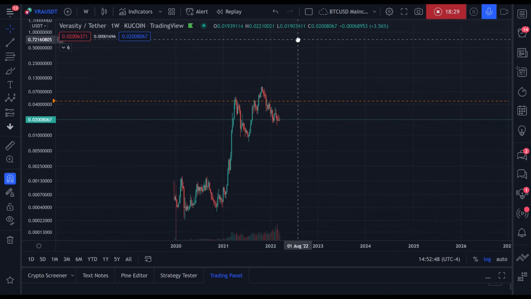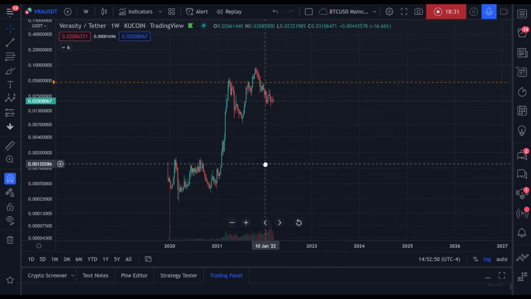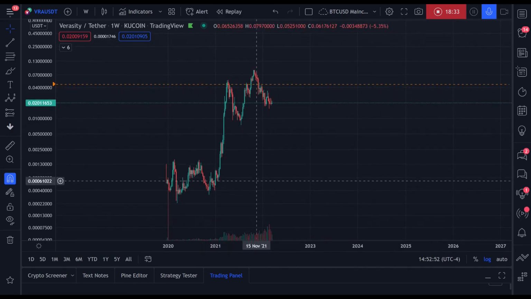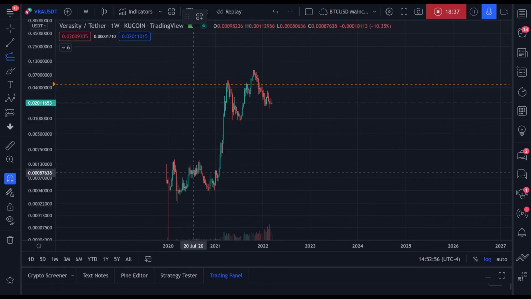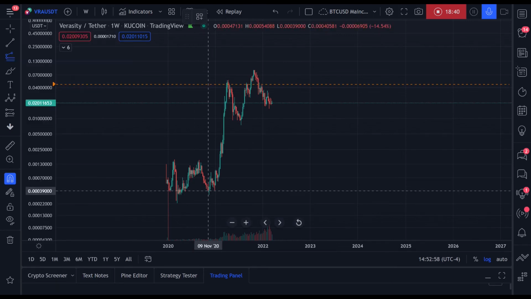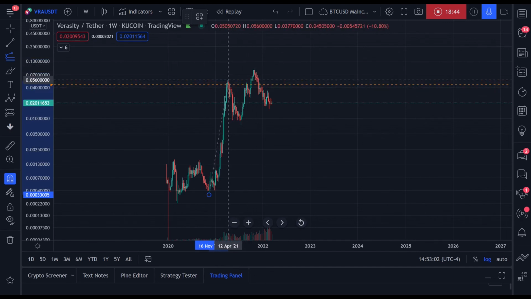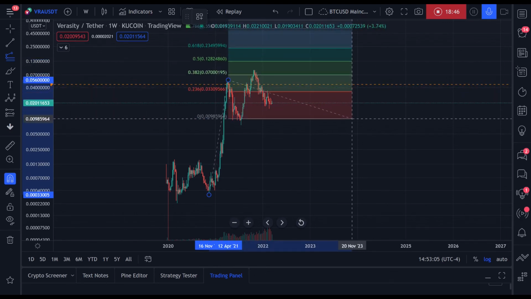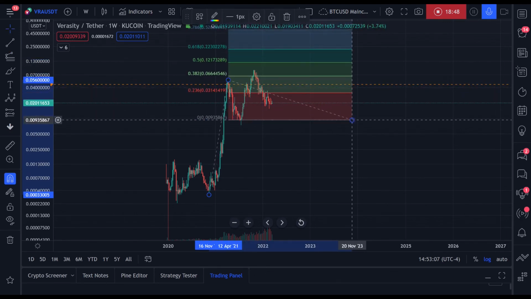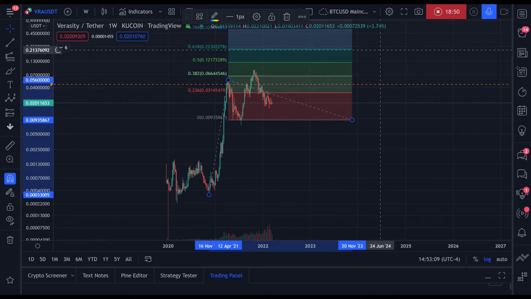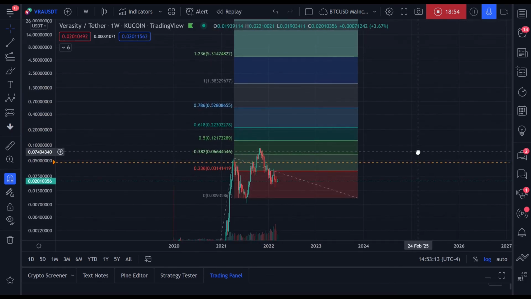We have 5 waves. Then I would say that whatever this was, we can take the 618 of this move, right? Let's just imagine and assume the 618 of this move, which would give us 22 cents minimum projection, okay? Minimum projection. I would say 22 cents minimum, okay?